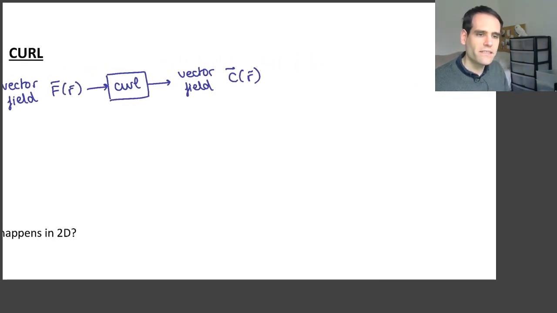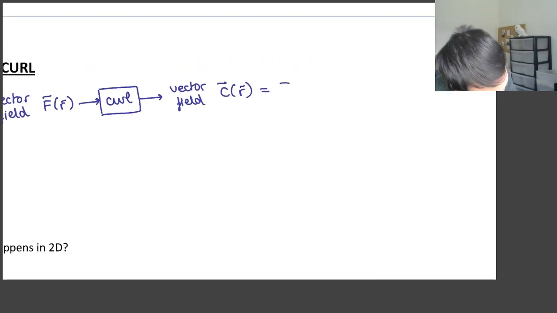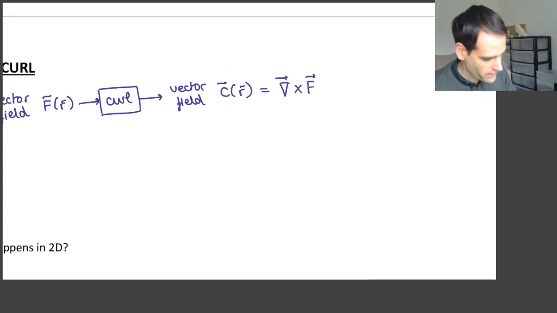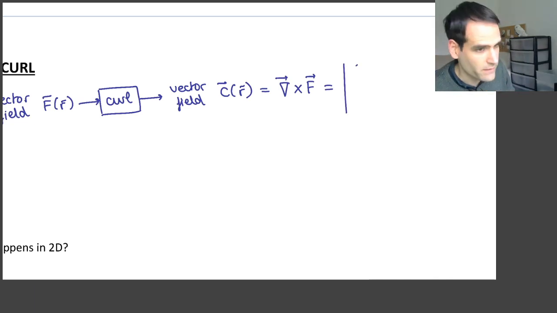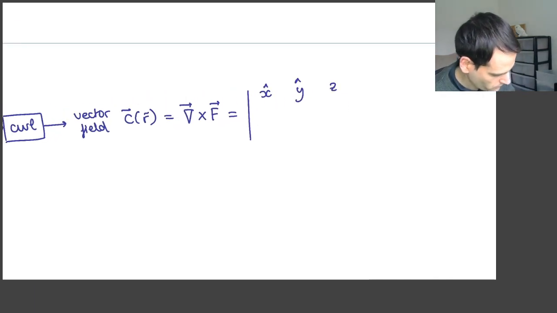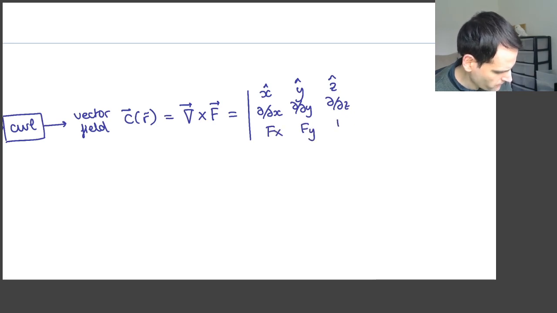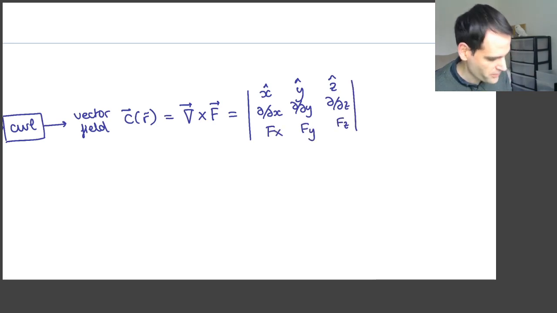which can be calculated by doing the cross product between the nabla operator vector and the input vector field f, okay? Which, as you know, involves calculating the determinant, where fx, fy, and fz represent the x, y, and z components of the vector field f.